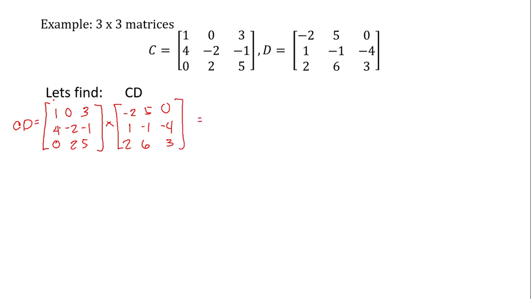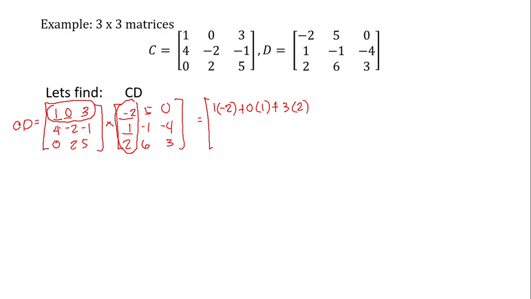So, same pa din. First row, first column. Okay? So, gawin natin dito. So, we have 1 times negative 2 plus 0 times 1 plus 3 times 2.